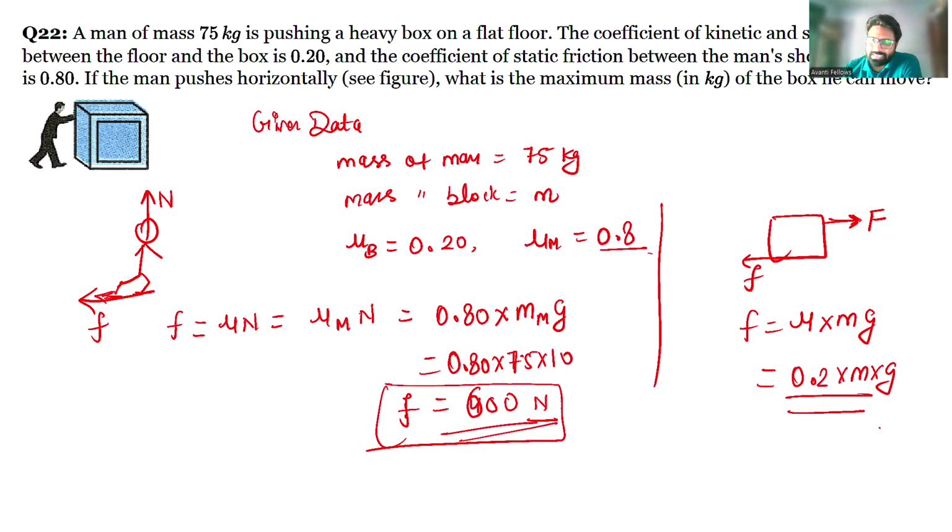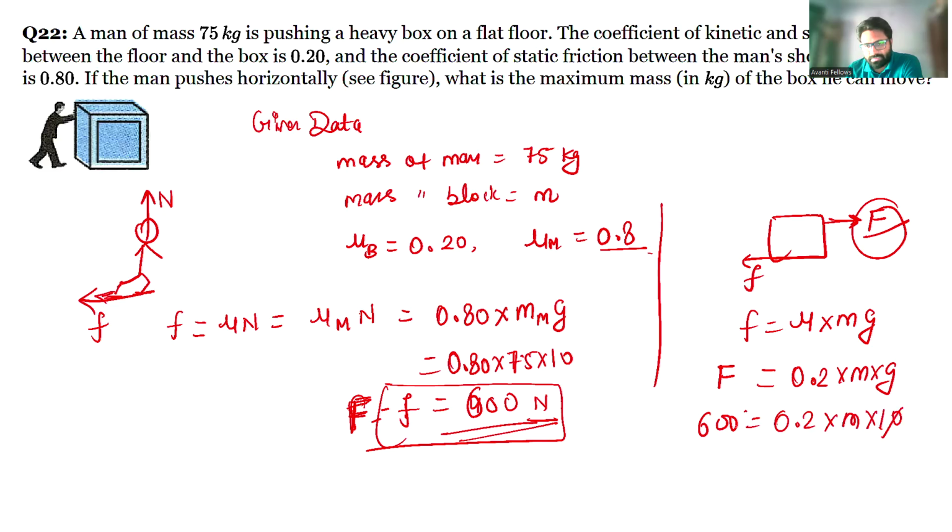So F minus f is equal to 0, because this F has to work against the frictional force. The force the man applies equals the frictional value, which is 600 Newton: 0.2 multiplied by m into 10 equals 600.